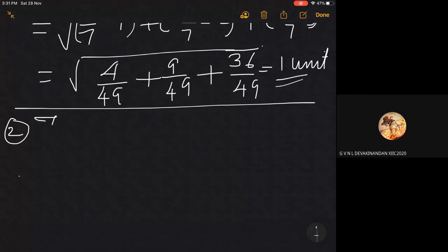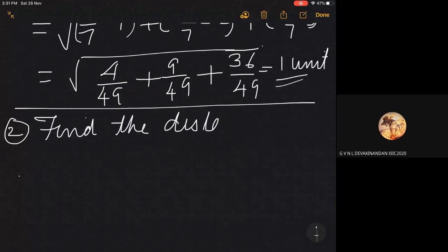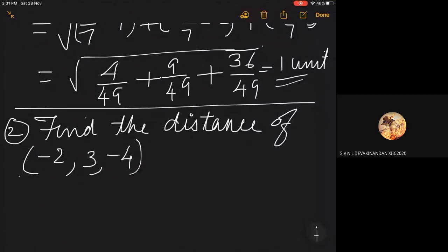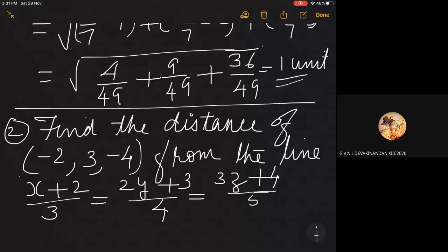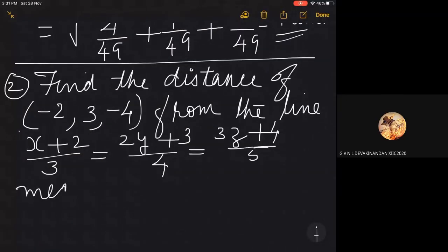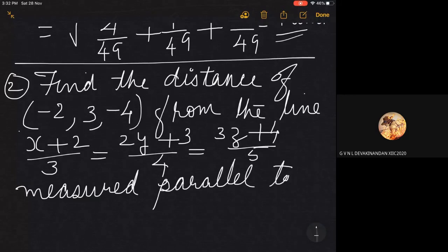Find the distance of the point minus 2, 3, minus 4 measured parallel to the plane 4x plus 12y minus 3z plus 1 equal to 0.